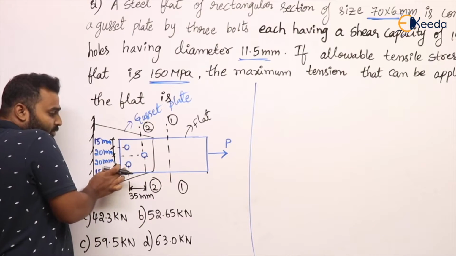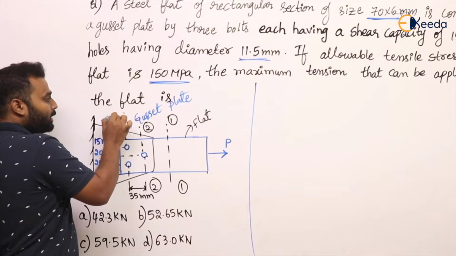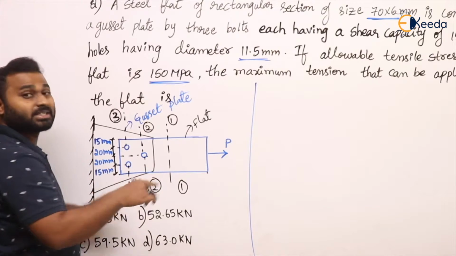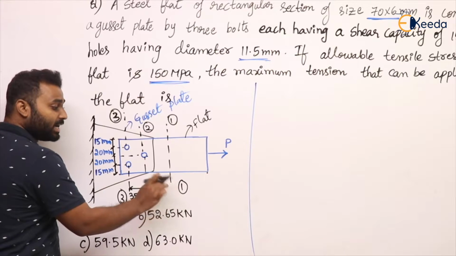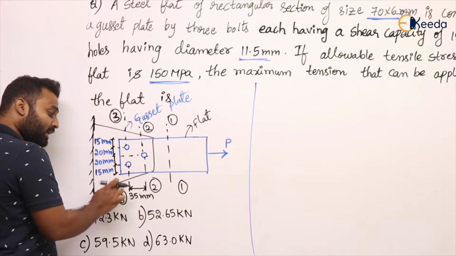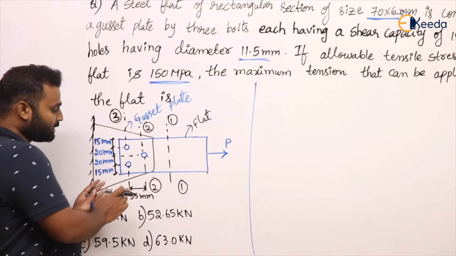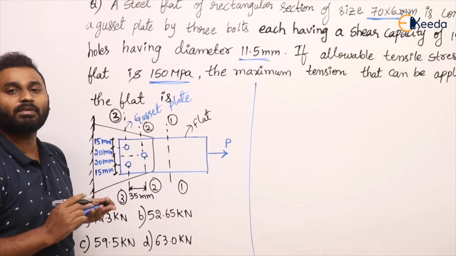If you proceed to this section, here 2 more holes are made. It means the cross section of the flat at these 3 locations is different. Whatever cross section exists at 1 is not the same at 2, and not the same at 3.